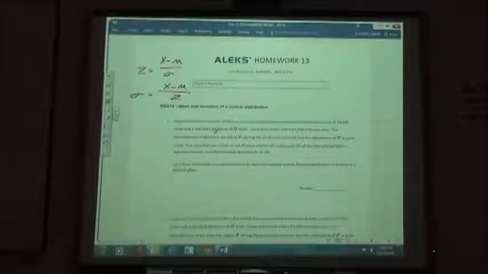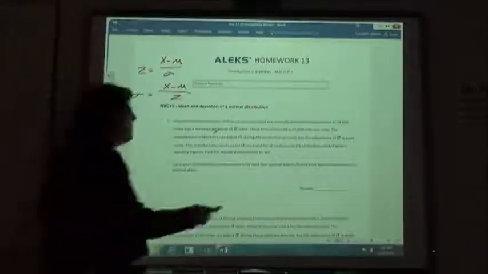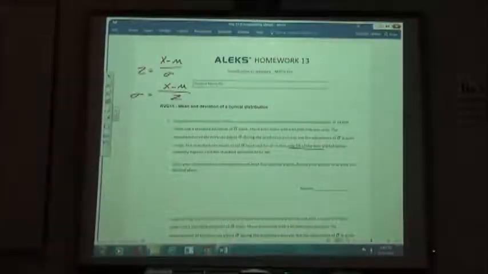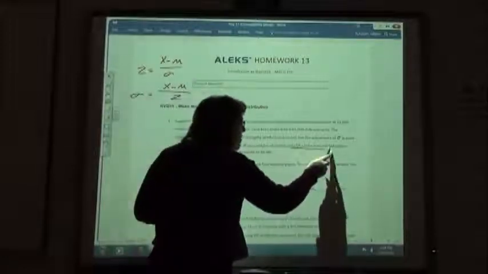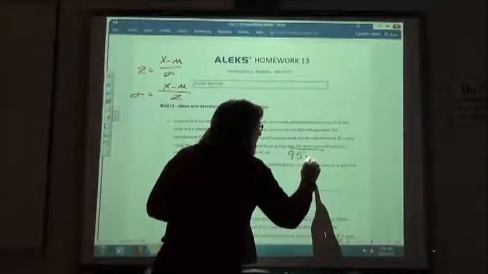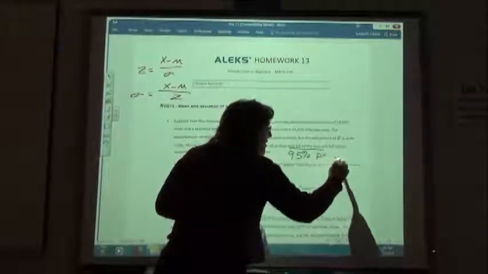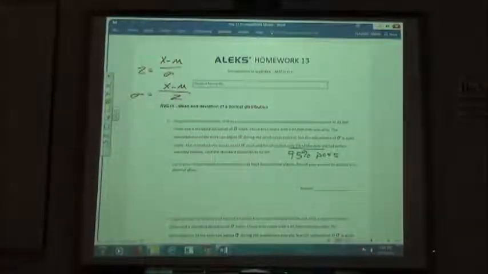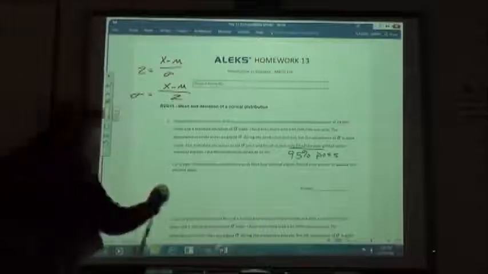So first of all, they're giving us that we want only 5% of the tires to fail. We actually want then to find the percent that are going to pass. If 5% will fail, then 95% are going to pass, right? So we want to find the standard deviation.